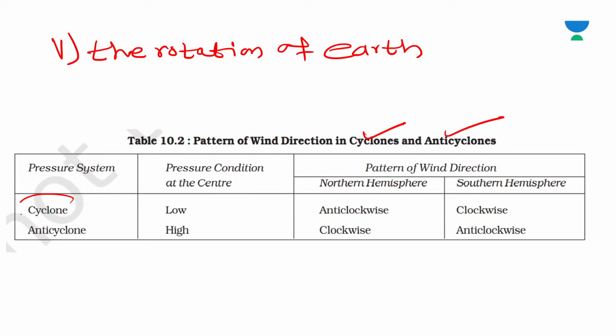See, cyclone, where pressure condition at the center is low, whereas pattern of wind direction in northern hemisphere anti-clockwise and southern hemisphere clockwise. Again, in anticyclone, the pressure condition at the center is high, the pattern of wind direction in northern hemisphere clockwise and southern hemisphere anti-clockwise.